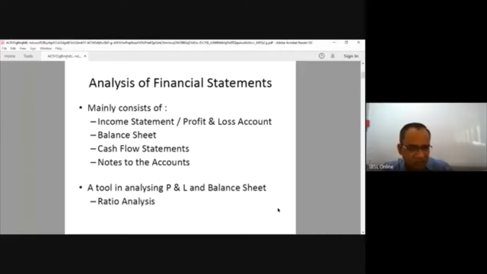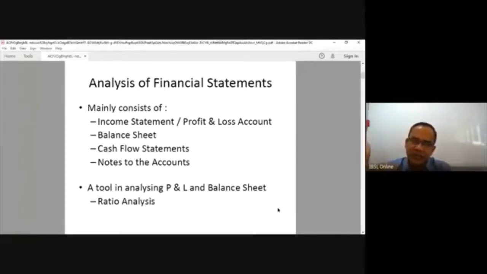Ratio analysis we have to do for a minimum of 2 years, and then we need to look at a minimum of 3-year period to see whether the performance is improving or deteriorating. That's the very reason why, when we are doing a balance sheet analysis, we do it for a continuous period of 2 years minimum.